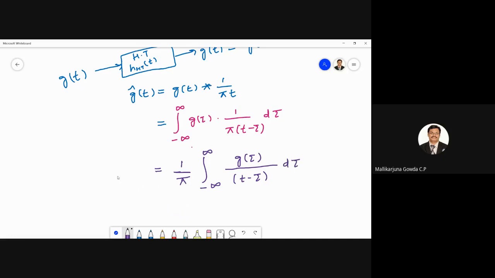So this is the definition of Hilbert transform, which you find in the textbook.